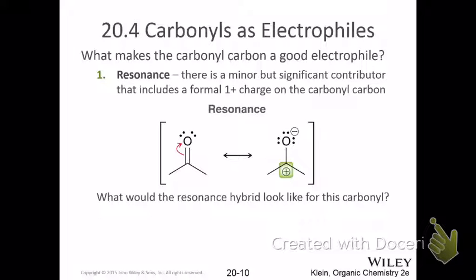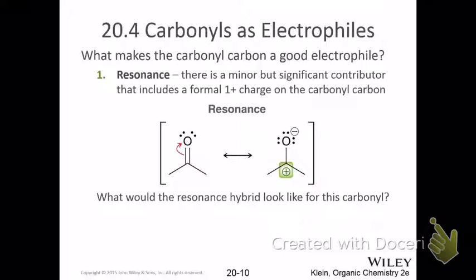And really when you're talking about charge on a carbonyl functional group, C double bond O, you can think of a couple of different things. The oxygen has resonance contributors, and in the resonance contributors, you can put a positive charge on the carbon. This is where the nucleophile will attack. And so you have resonance.